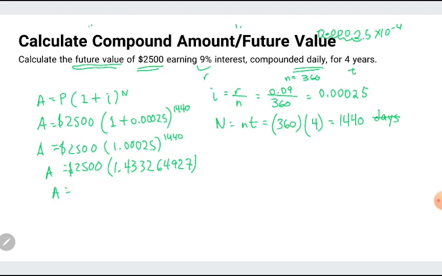I put all the decimal places. I multiply that with 2,500, and I will be getting the future value, $3,583.16.